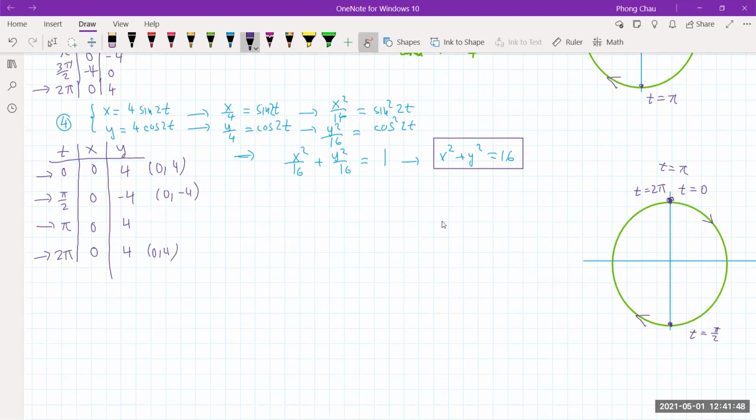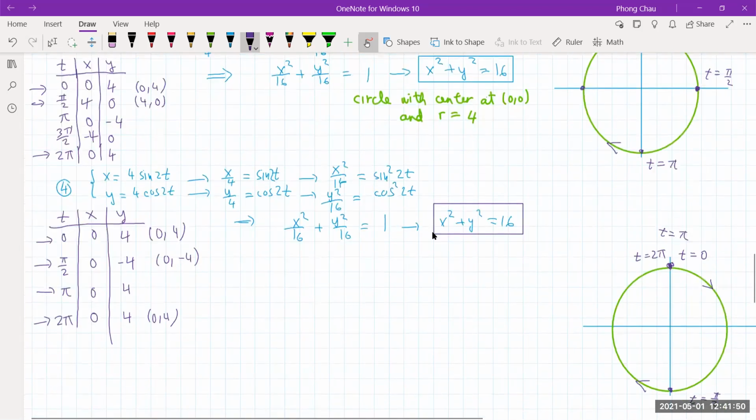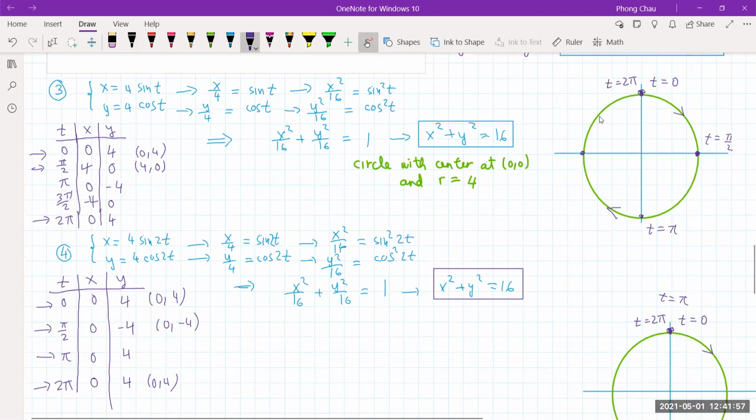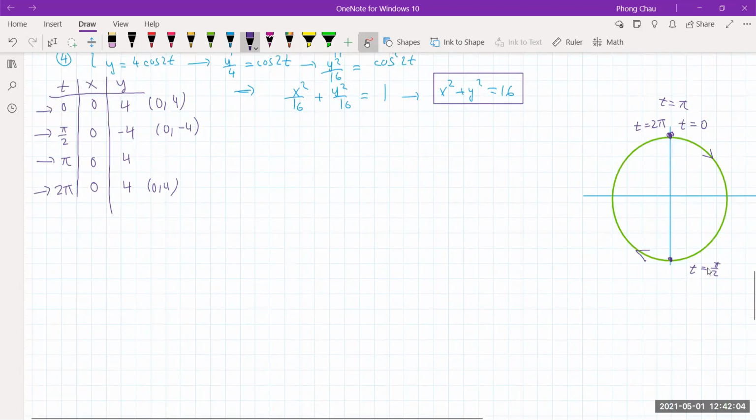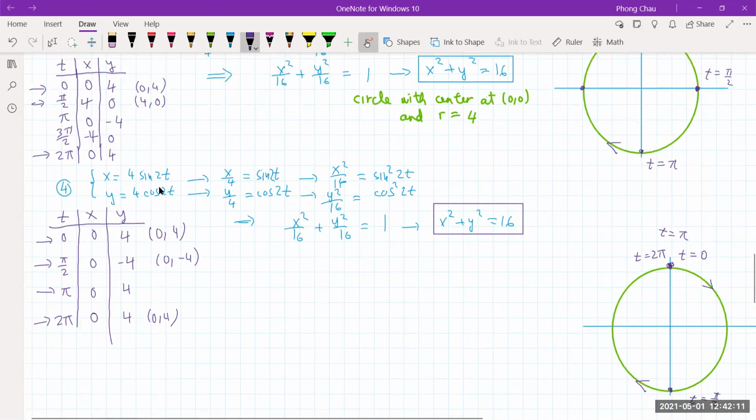So in terms of speed, this moving object moves twice as fast. From 0 to 2 pi, it moves once around the circle here, and here it's twice, 2 revolutions. That's the effect of adding the 2 here. You can imagine if we have 3t, it should go around 3 times.